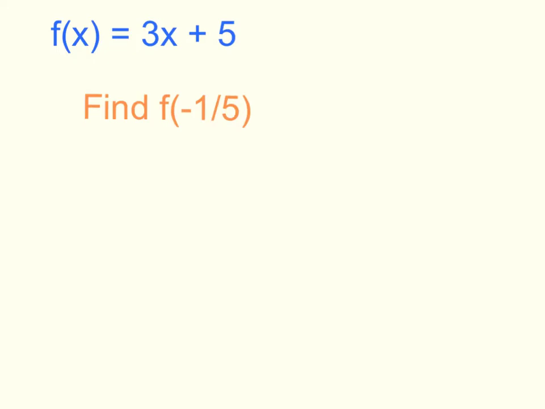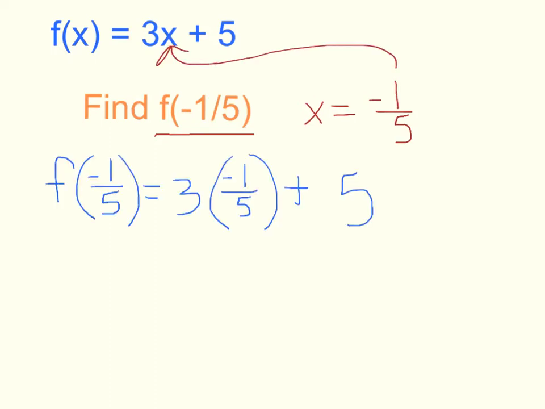So example number 1, still using f of x equals 3x plus 5. But I want to find f of -1/5. That just means solve if x equals -1/5. So you're just going to plug in and evaluate your function. So now 3 times -1/5 plus 5. -3 times 1/5 is -3/5, and then we have to add 5.